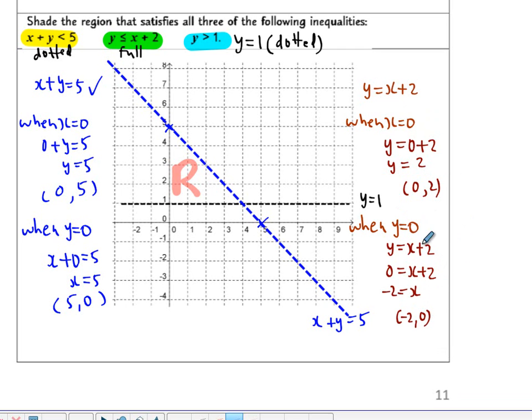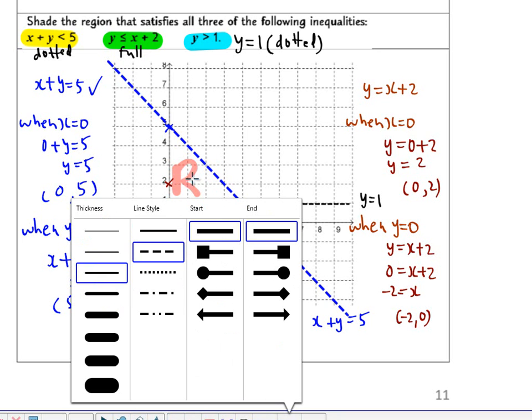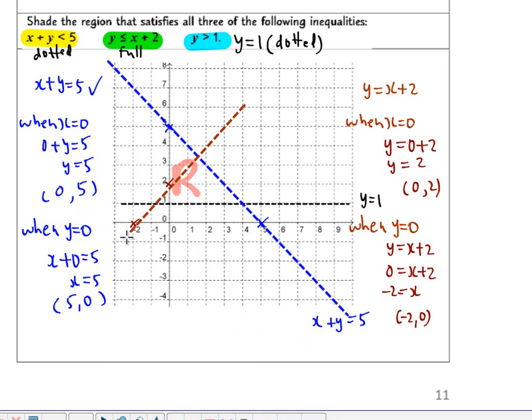So what do we have? 0, 2 and minus 2, 0. 0, 2 is there. Minus 2, 0 is here. So we get a line, but this is a full line. So this line is going to go all the way from there. Let me get this right.